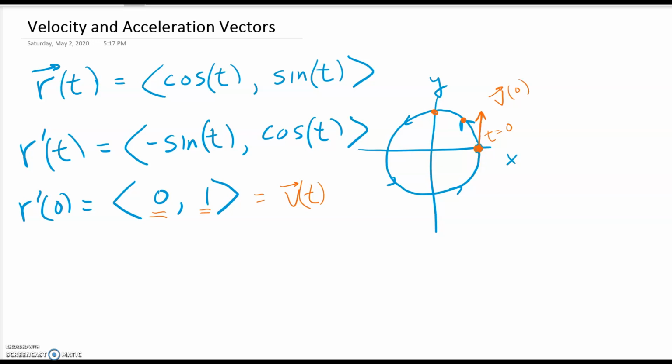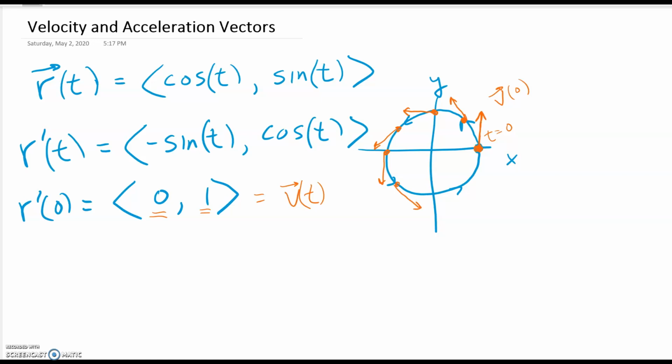Okay, now if you were to recompute this velocity vector, for example, at pi over 2, your velocity vector would look like this. At pi over 2, your velocity vector is like this. And you can see that velocity vector just keeps continuing in that counterclockwise direction.